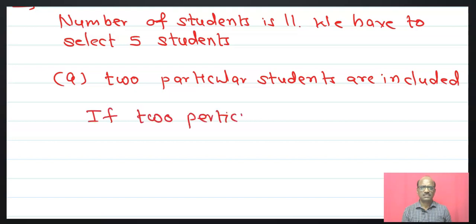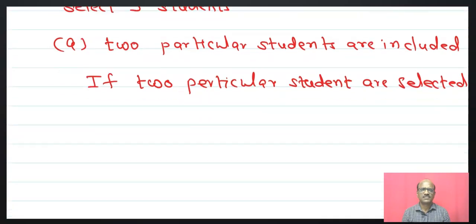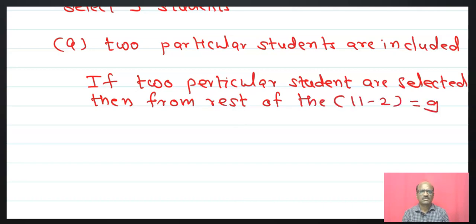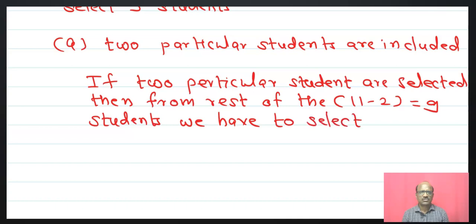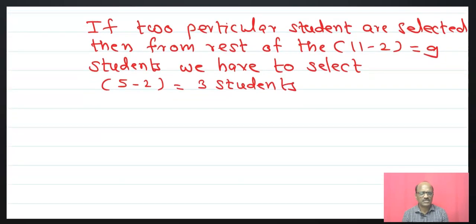If two particular students are selected, from the rest, that is 11 minus 2, that is 9, we have to select the students now. We already want to select 5 students and 2 have been selected.